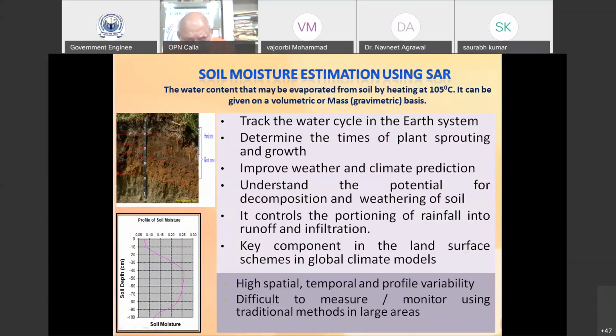It controls the partitioning of rainfall into runoff and infiltration. Especially important here is that high spatial, temporal, and profile variability is difficult to measure and monitor using traditional methods. And so there we use this radar technology for this purpose.